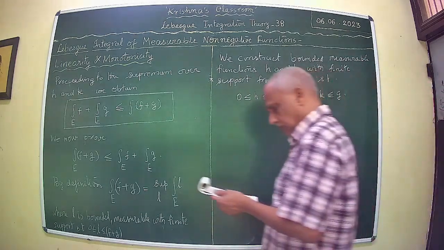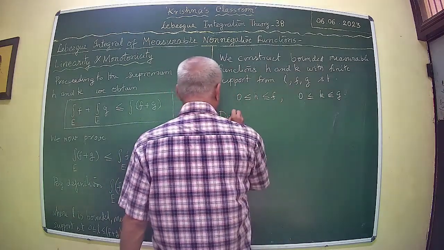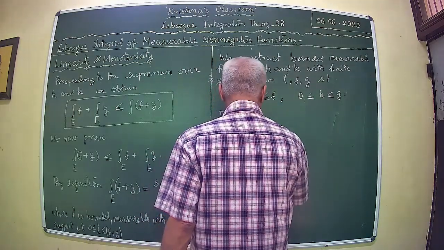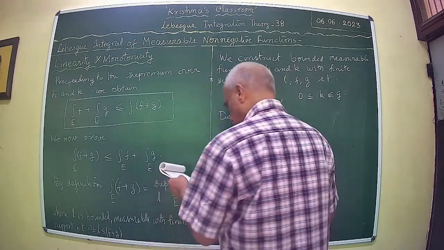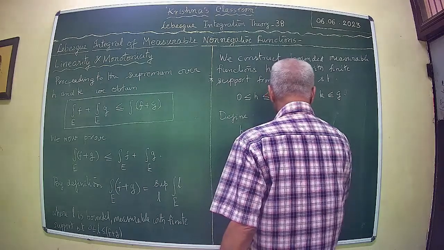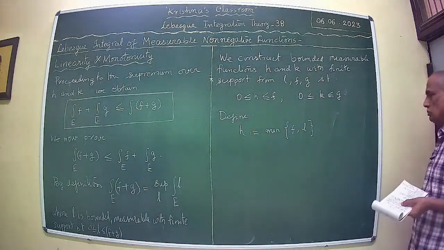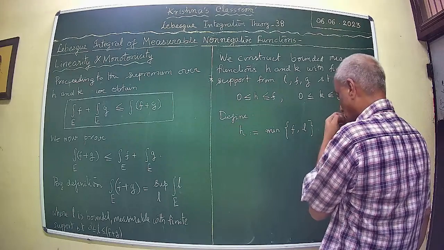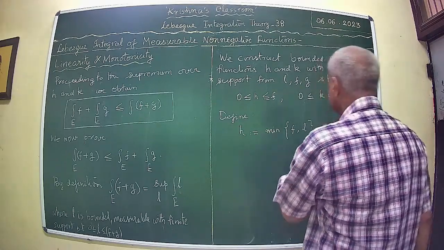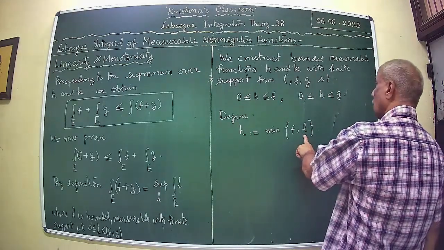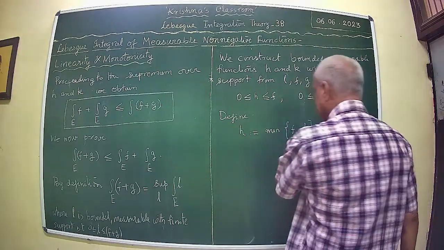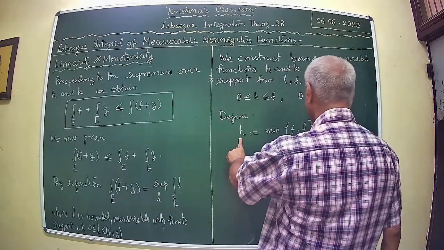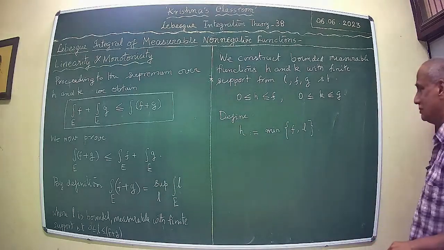let us do it as follows. Now define h to be the minimum of f and L. Now, since L has finite support, on that set h is going to be 0. So h is also with finite support.